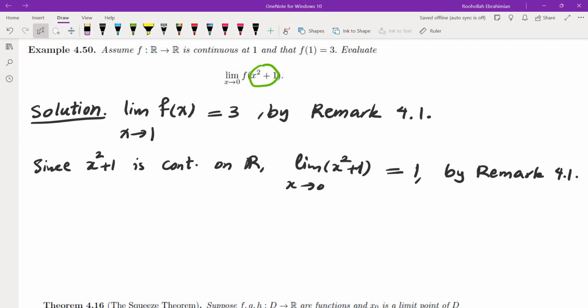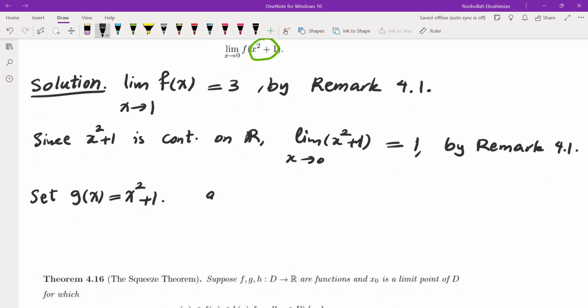The only thing that I need to check is that if I call the inside g of x, I also need to show where the domain is sent to. If I take g of R minus 0, that is sent to R minus 1.